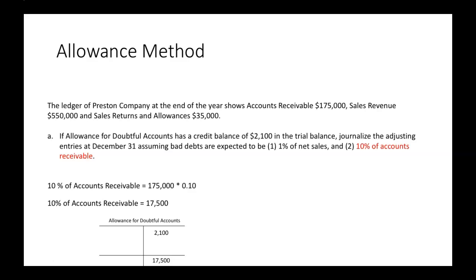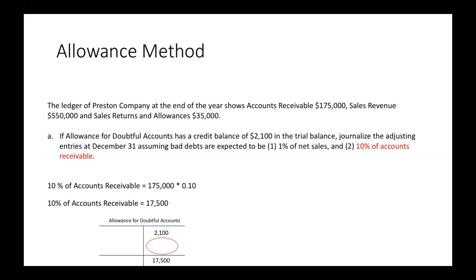This entry that we're preparing here on December 31st is going to be for the amount that would fall in that red circle. How do we get from a credit balance of 2,100 to an ending credit balance of 17,500?